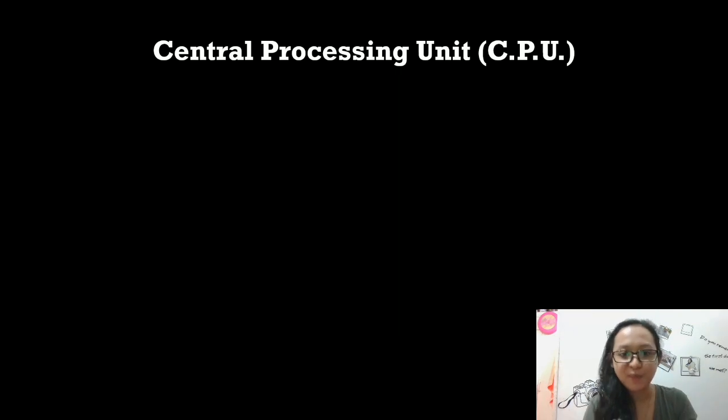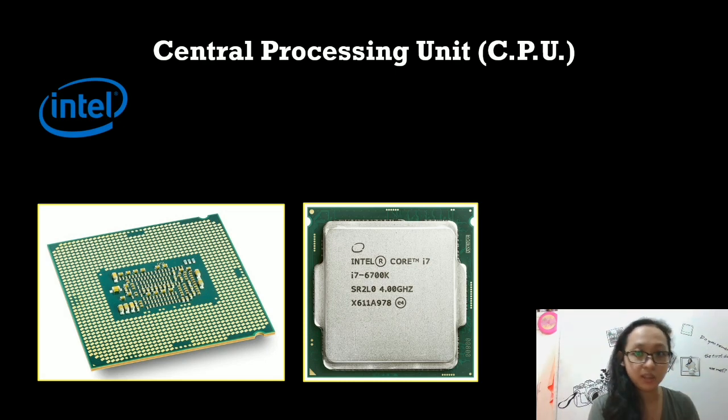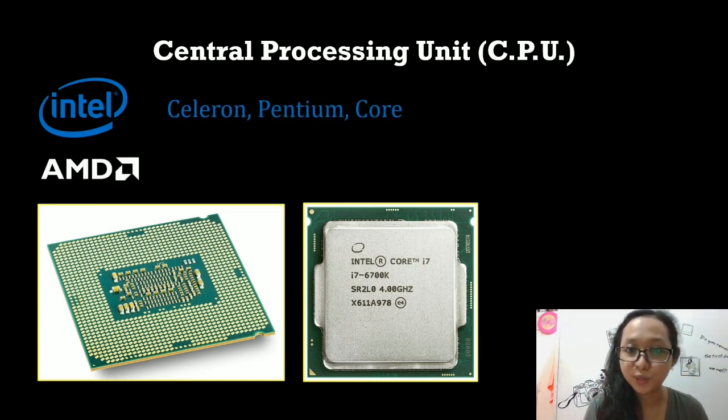Well, anyway, there are actually two main or sikat na manufacturers ng CPU. And alam ng lahat to. We have the Intel and AMD. So, dito nang galing yung terms na alam natin na Celeron, Pentium, Core. So, ito yung mga sikat at mas kilalang CPUs na na-produce ng Intel.